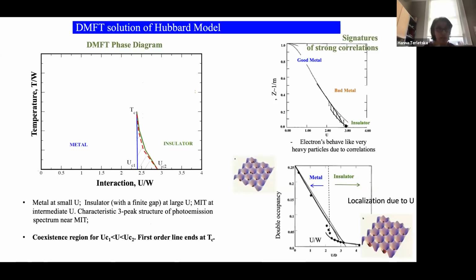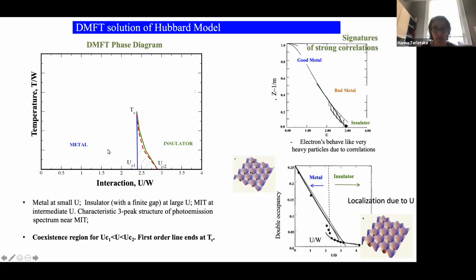Now one can do this metal insulator transition analysis systematically for different temperatures and interactions, and construct a temperature-interaction phase diagram. And this is what we see. For small interaction, we see metal, and for large interaction, we see insulator. We have these UC1 and UC2 lines, which delineate the coexistence region.